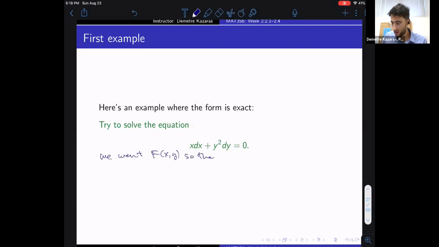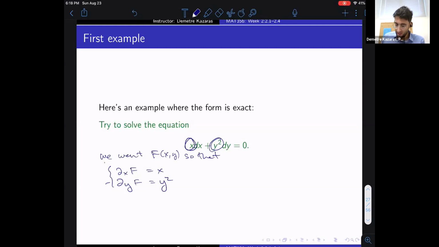On one hand, I want the x derivative of F to be equal to x, the P function in this problem, and I want the y derivative of F to be equal to y squared, because the Q in this problem is y squared. If these two equations are satisfied, then the total differential of whatever function I come up with will be the left-hand side, and so that function being constant will be an implicit definition of y in terms of x.